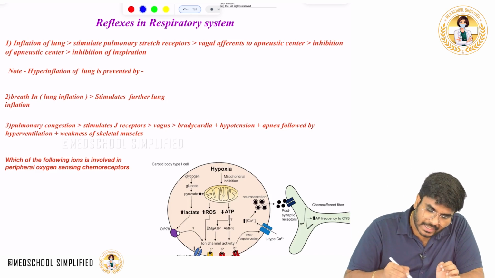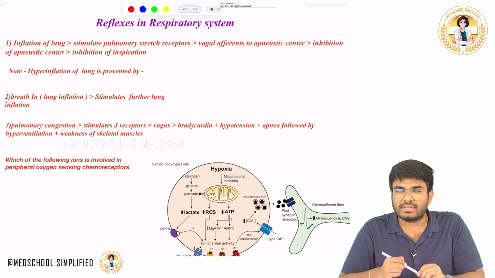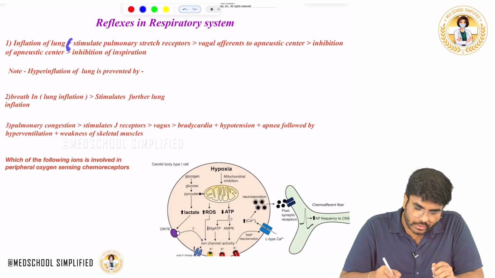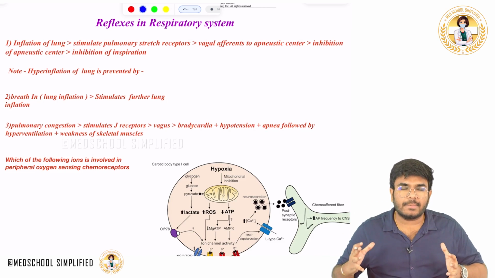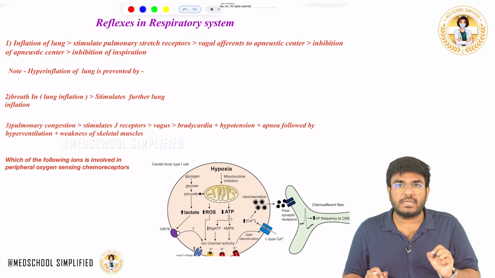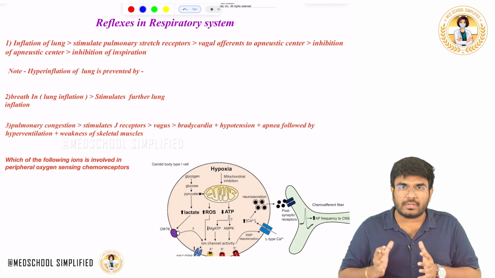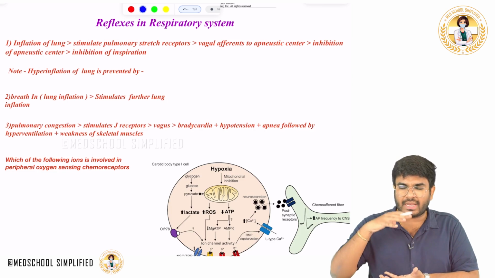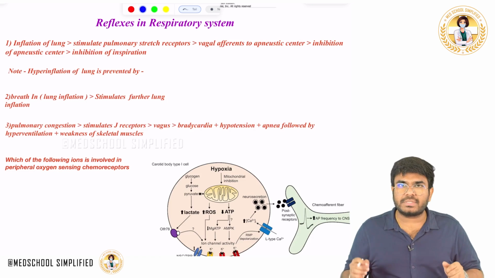See what is happening. Whenever there is inflation of the lung, that's going to cause stretch in the lungs. That stretch is detected by the stretch receptors in your lungs. So whenever the lung is getting hyperinflated or stretched, the stretch receptors are activated.